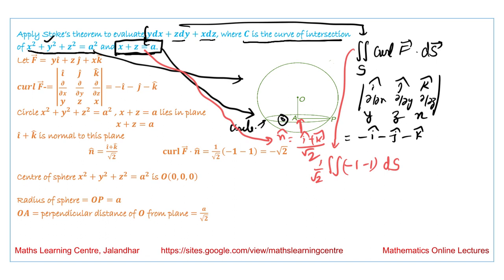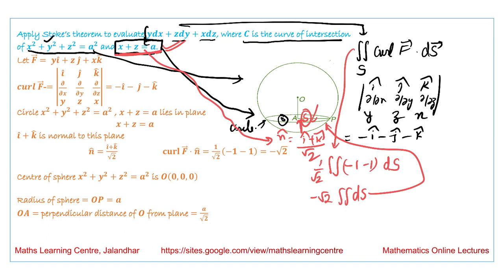So we are saying this is equal to minus root 2 double integral of dS, where S is the surface of the circle that we will obtain by substituting x plus z is equal to a in this equation.